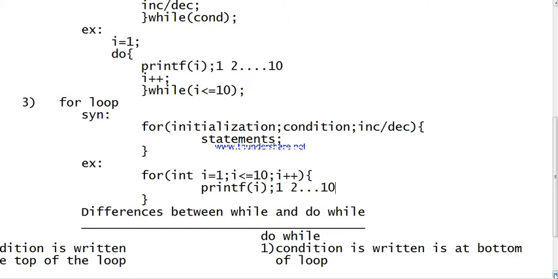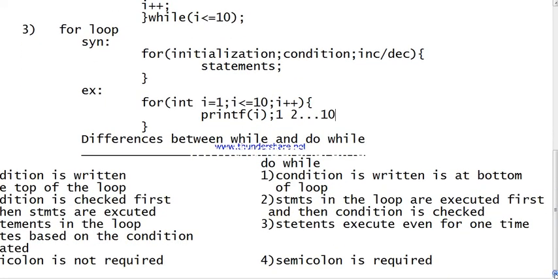The major differences between while and do while are: in while, the condition is written at the top of the loop, whereas in do while the condition is written at the bottom of the loop, as we have seen here.